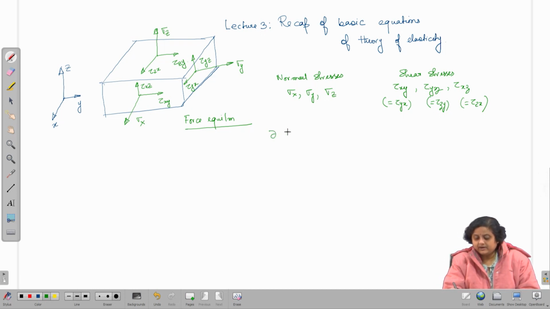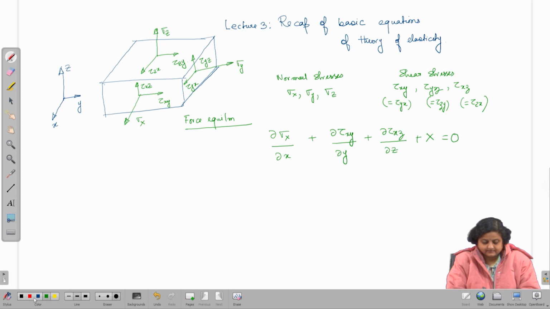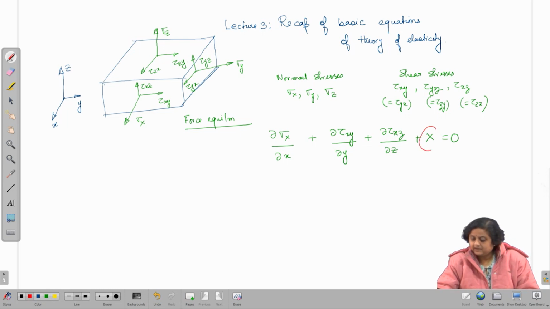The 3 equations of equilibrium that are obtained by the force balance can be written like this, where X is the body force per unit volume that is acting on the body.